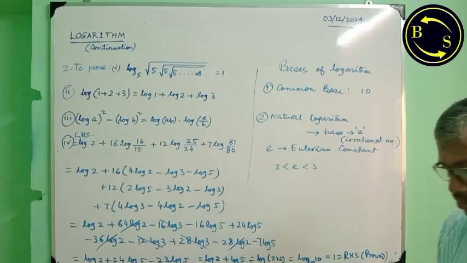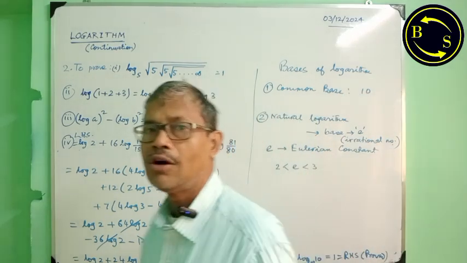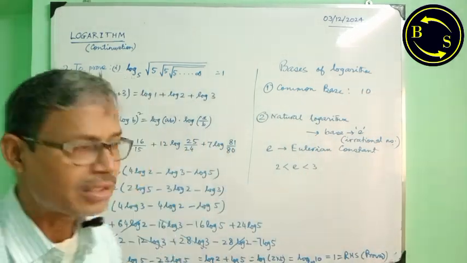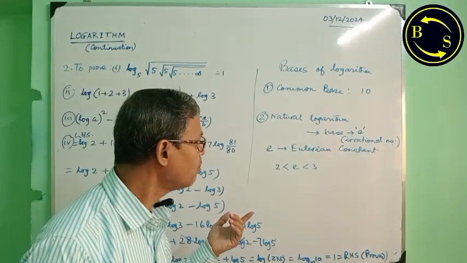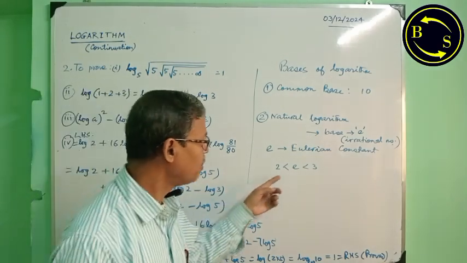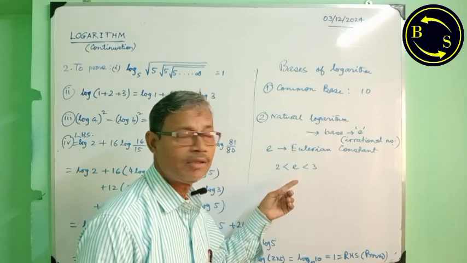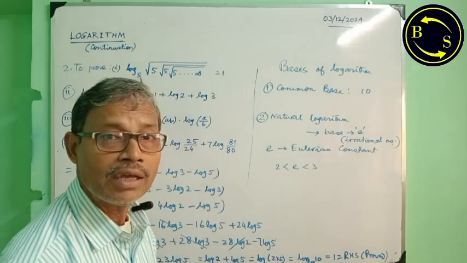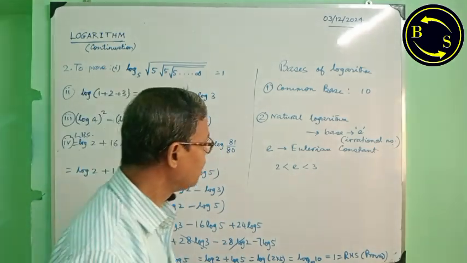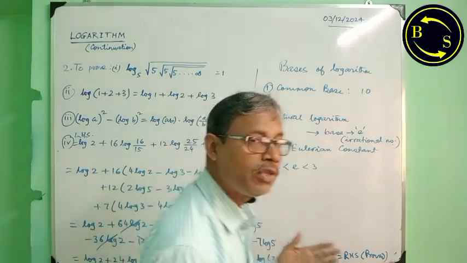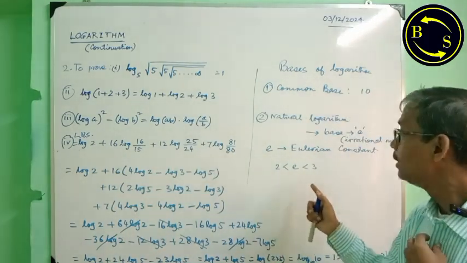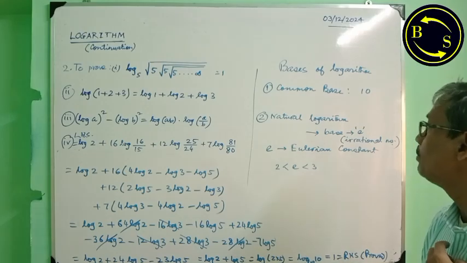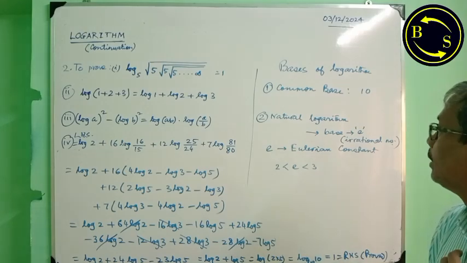Actually, all formulae or results in calculus have been formed with the help of the base e. In case of logarithm used in calculus, the base will be e. This is called natural logarithm.